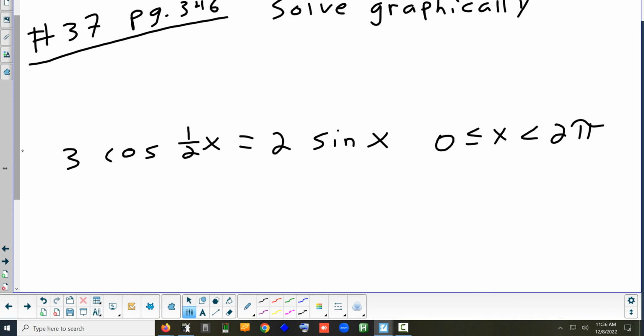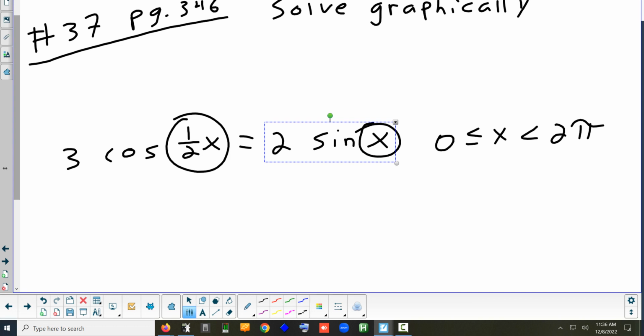Now, to solve this one algebraically, this could be a little tricky because you have 2 trig functions. So unless there's an identity that you can use or some formula to combine these 2 into 1, that's going to be really hard to solve algebraically. And the other thing that really complicates it is the fact that one of the arguments is a 1/2 x, and the other argument is just a 1x.